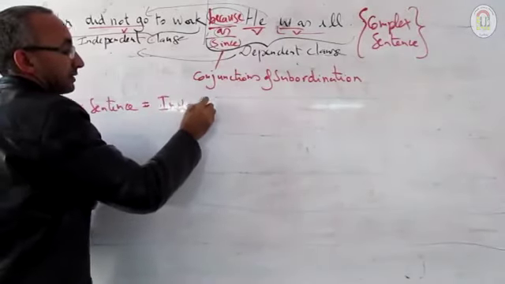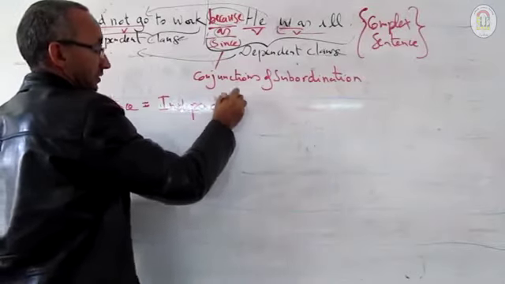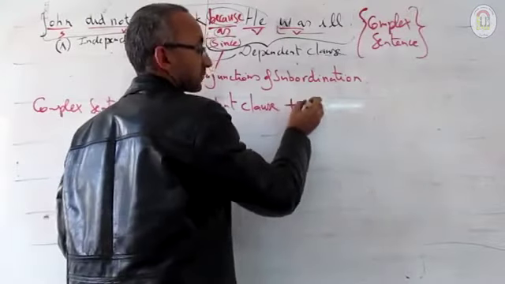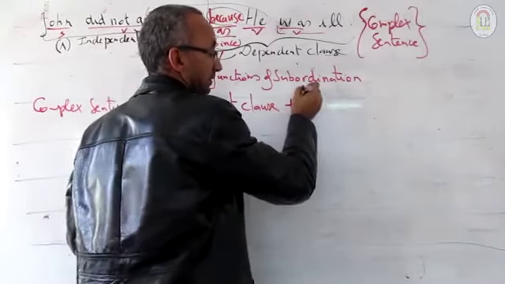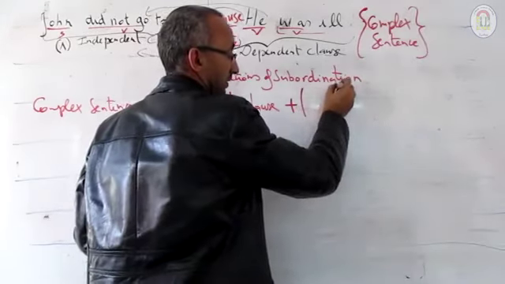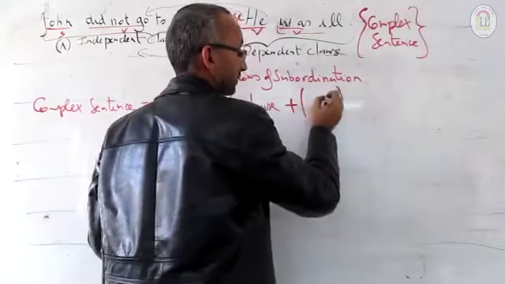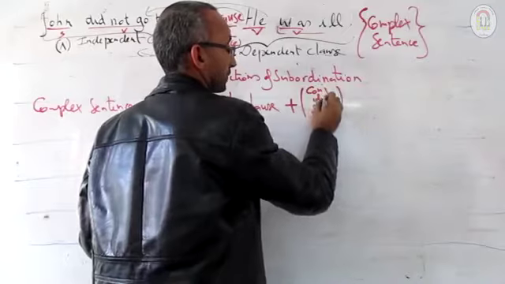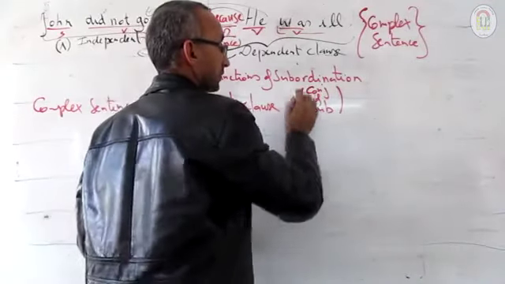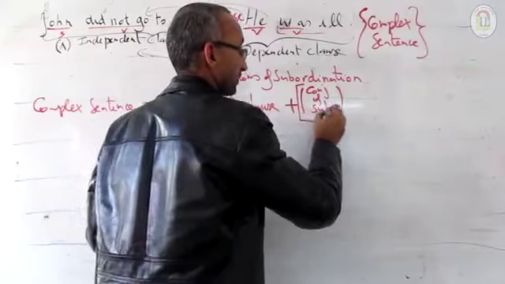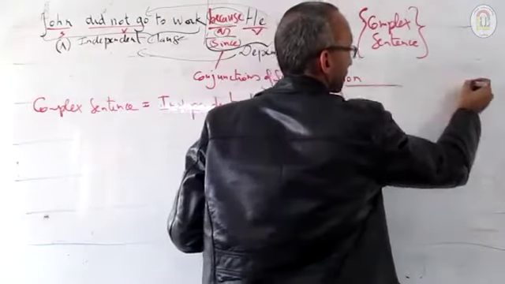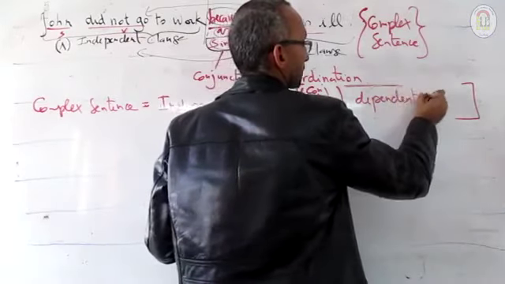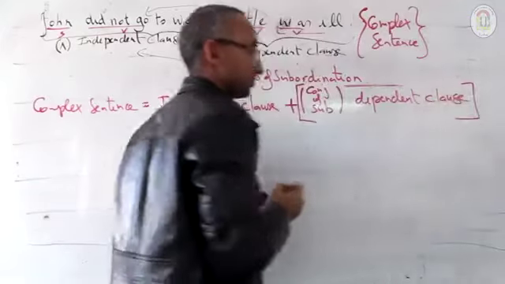an independent clause plus what? Here we write conjunction of subordination plus a dependent clause.